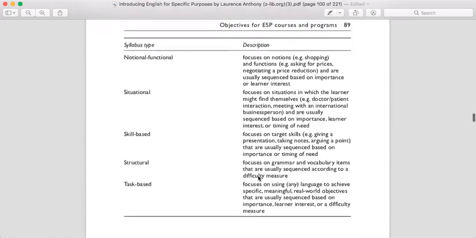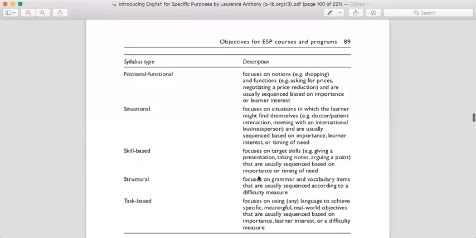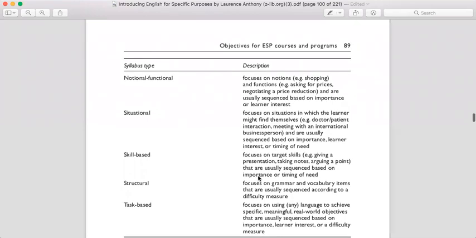Notional functional is one of the most important and successful syllabus in language learning. Now, what is notional and what is functional? It has two parts, right? Notion is the idea, function is the actual working. For instance, one of the notion is shopping, right?